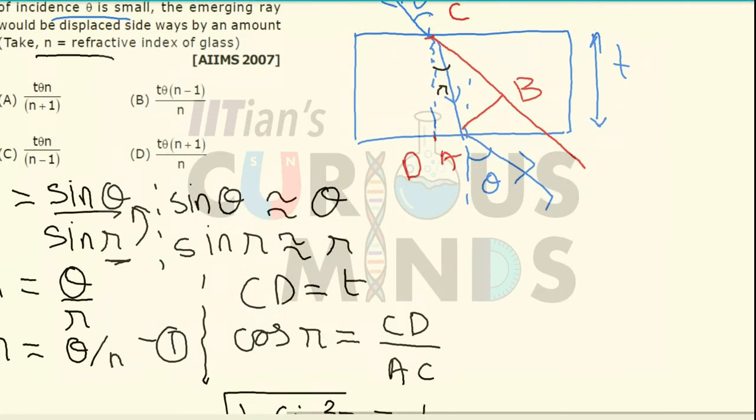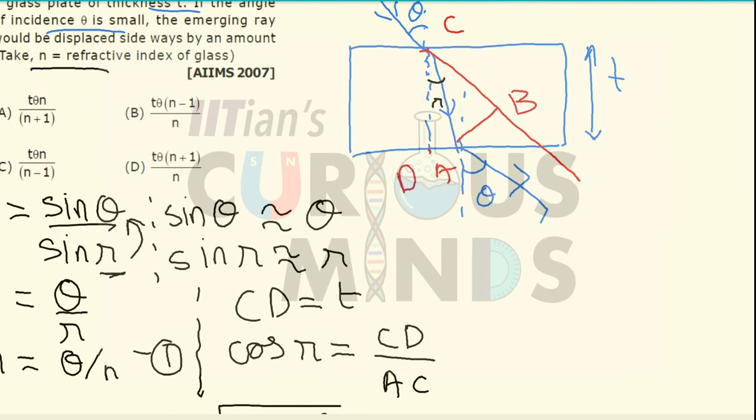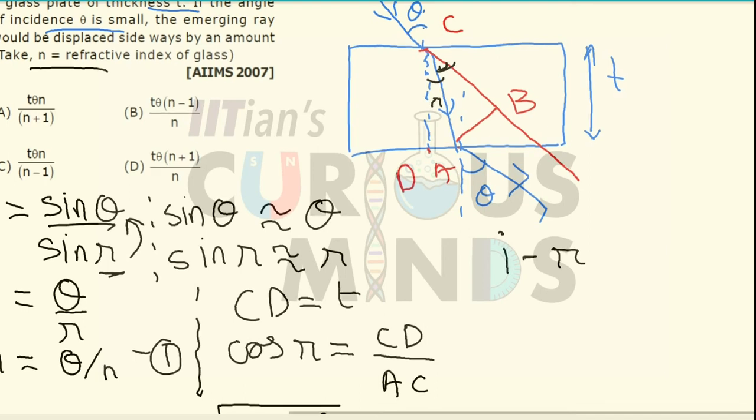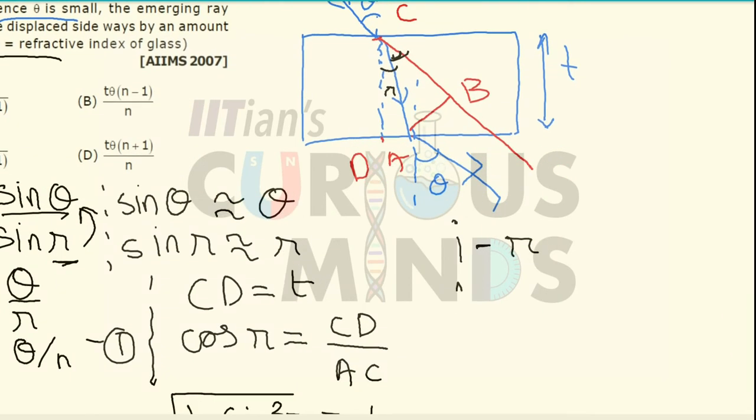In order to get the value of AB, I know the value of AC. Now let us find out the angle ACB. Angle ACB is equal to i minus r.